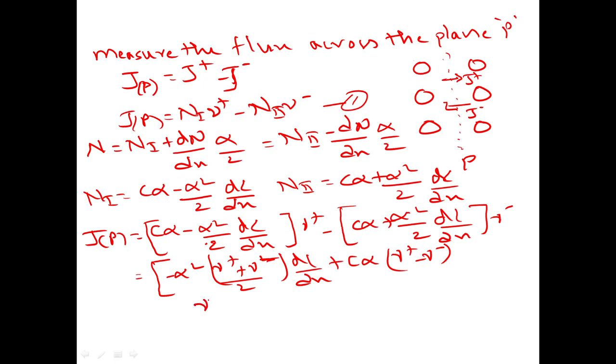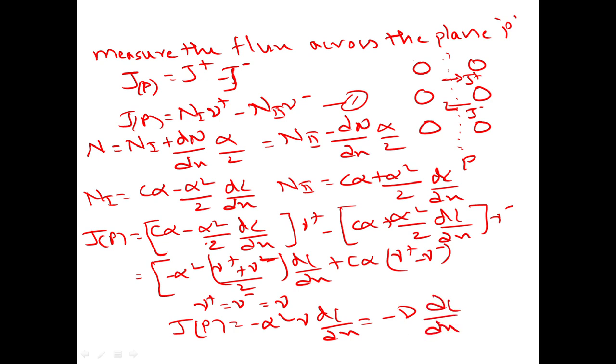So gamma plus equal to gamma minus equal to gamma. Then we have J of P in terms of minus alpha square gamma dou C by dou x. This is nothing but minus D dou C by dou x.